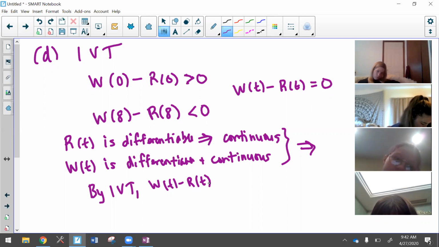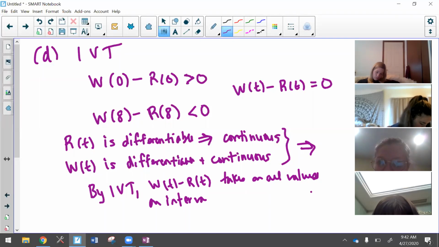That means that my new thing here, w of t minus r of t, takes on all values on the interval from 0 to 8.